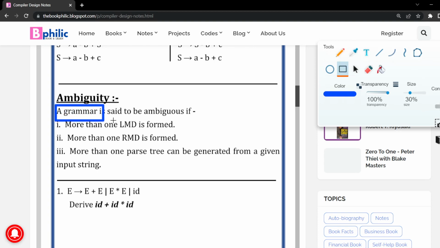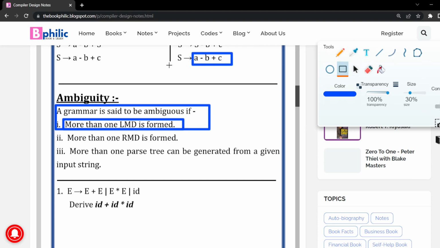Let us understand the first point: a grammar is said to be ambiguous if and only if more than one LMD is formed. What do we mean by more than one LMD? That is, if we can derive the same syntax a minus b plus c using LMD in two different ways, then that property is known as ambiguity.